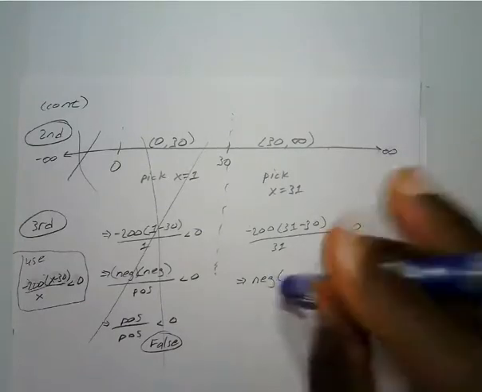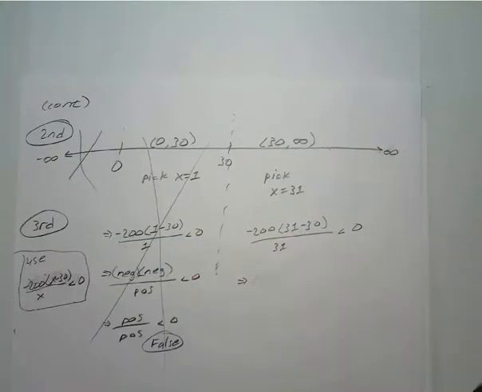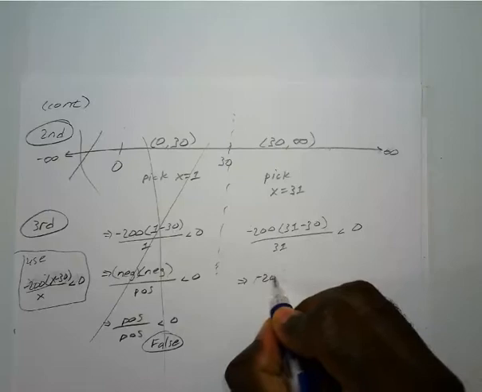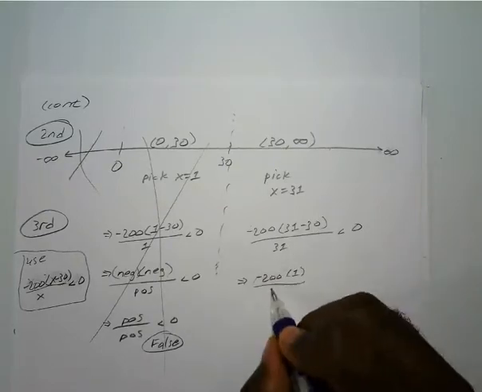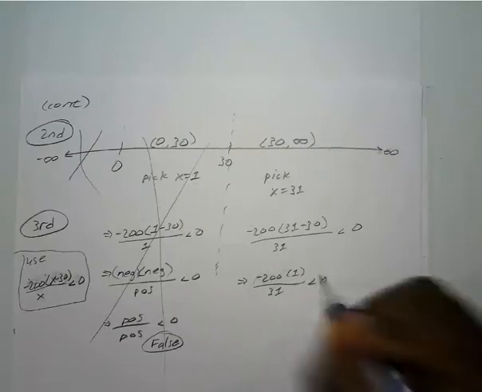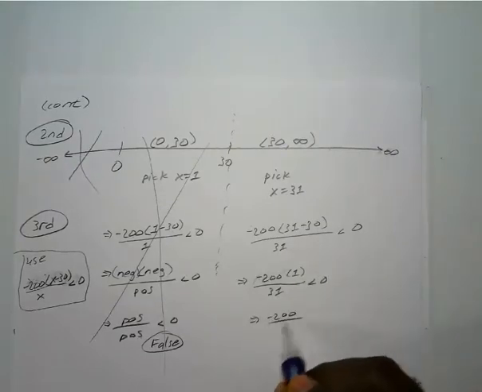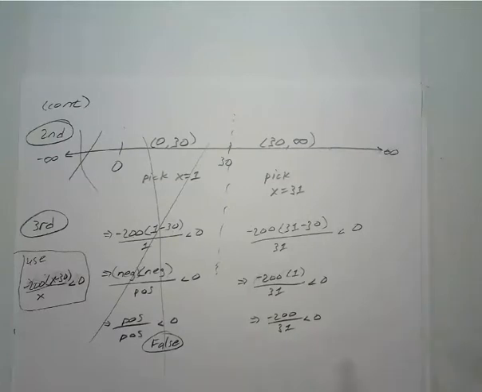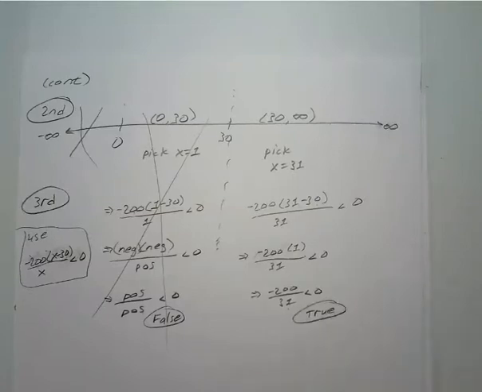Well, actually, you can go ahead and solve this one since it's really simple. Because you have negative 200, 31 minus 30 is just 1, all over 31 is less than 0. So really that's just negative 200 over 31 is less than 0. Negative divided by positive is negative. So this is true.